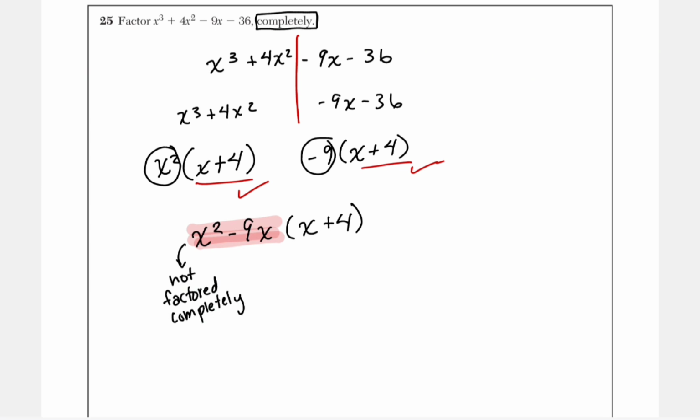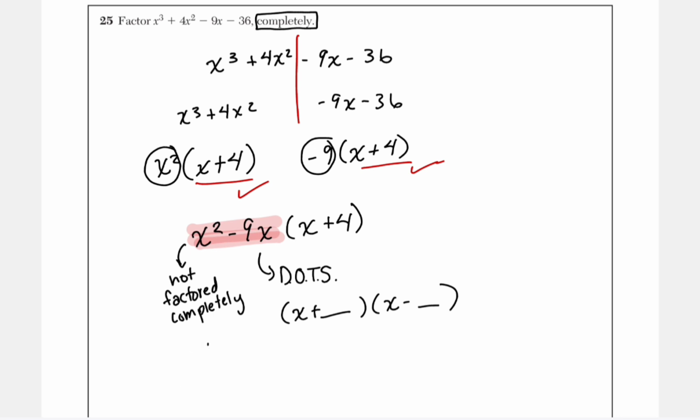You may be asking, well Haneen, if it's not factored completely, how do I factor it? Well, this, my friend, is a difference of 2 squares, which means it's going to be x plus a number, x minus a number. Even if we don't realize that, we can always draw the x method.